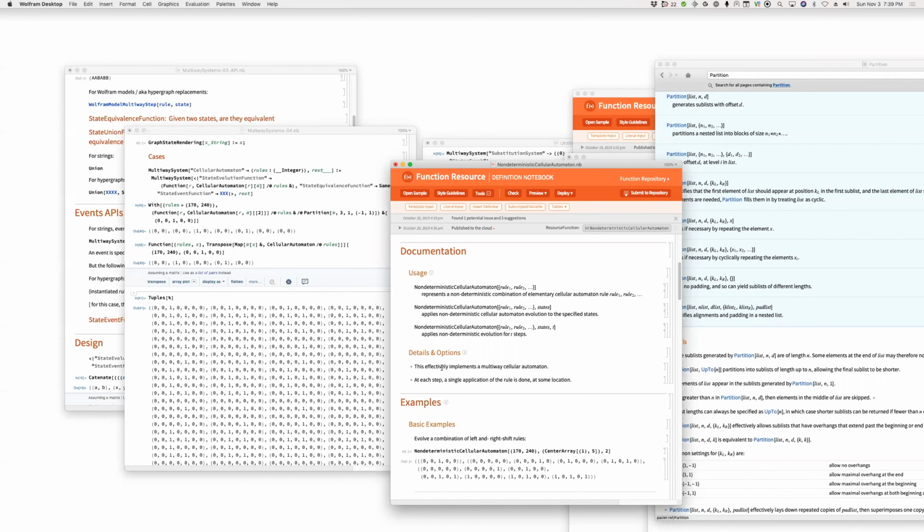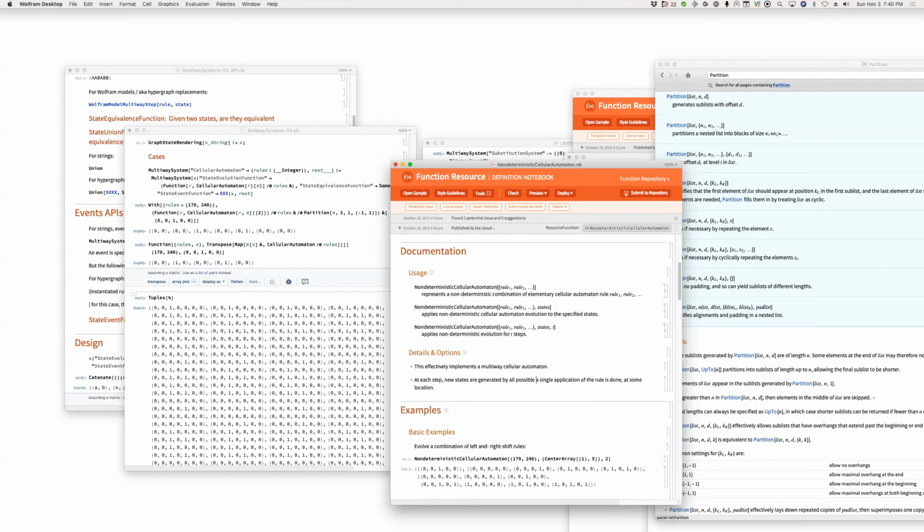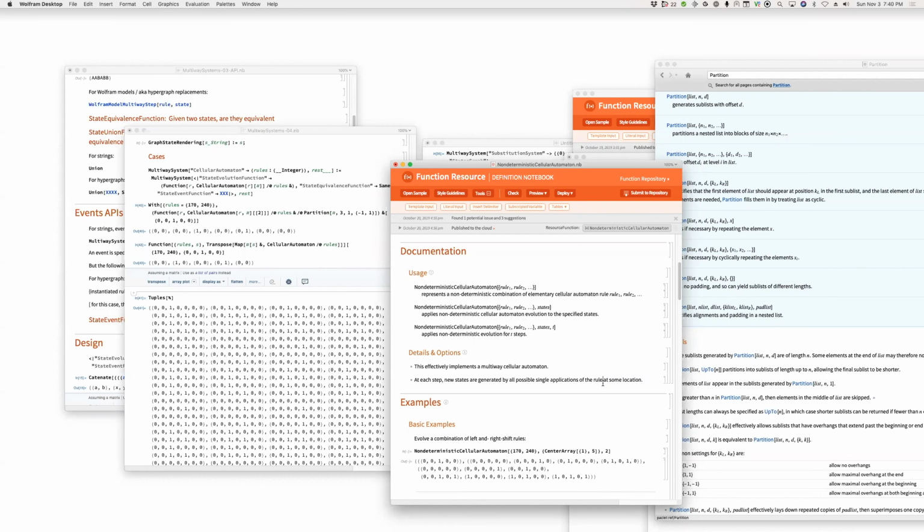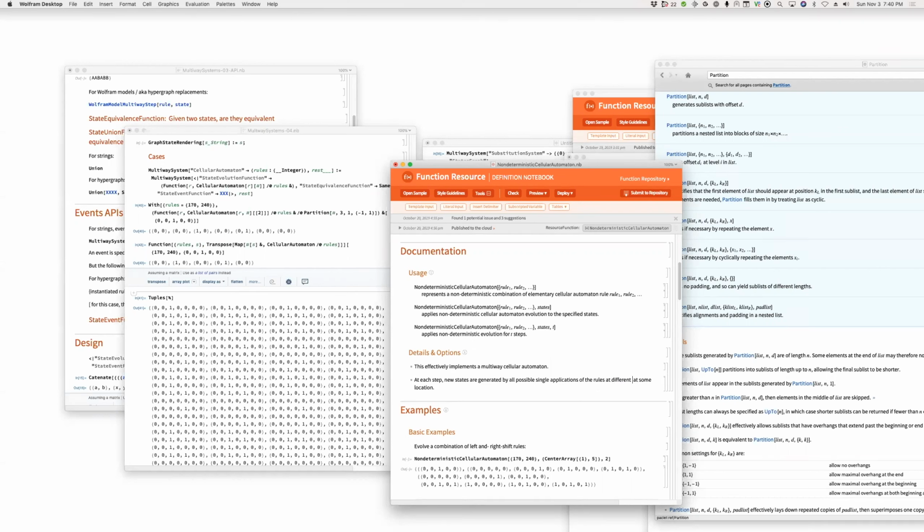At each step, no, at each step, new states are generated by all possible single applications of the rule at different possible locations.